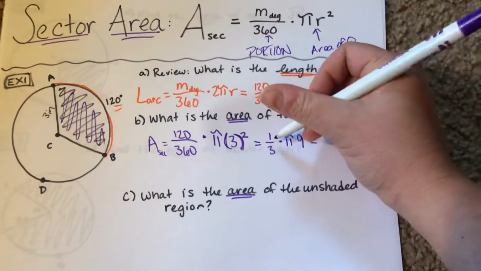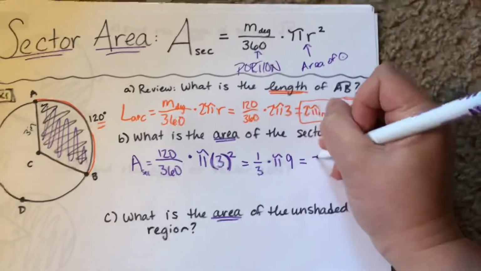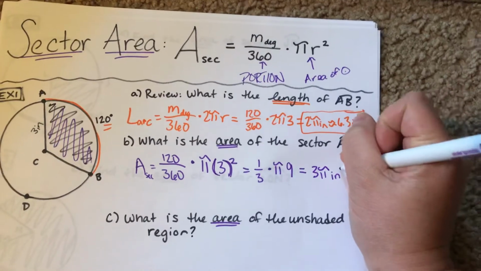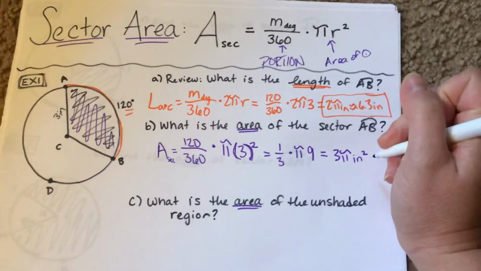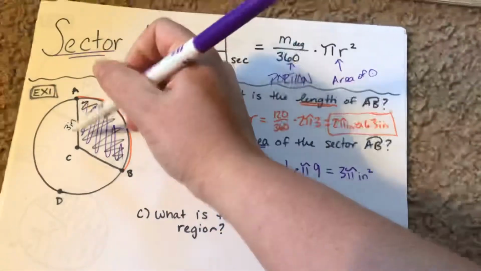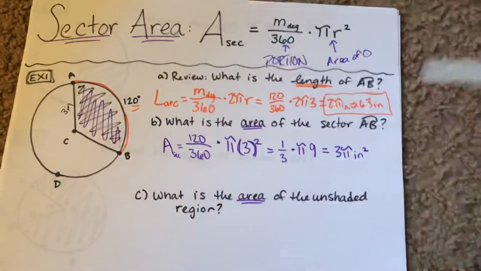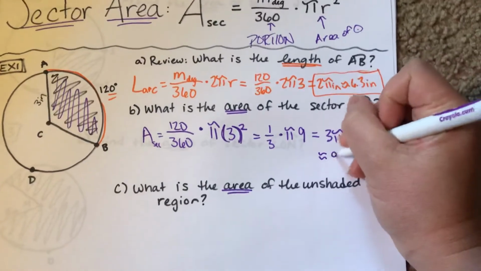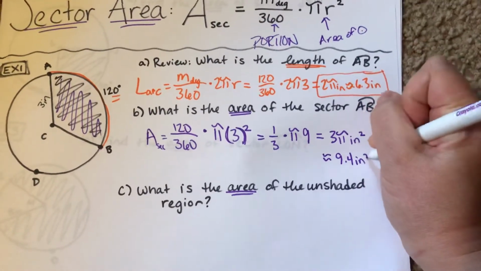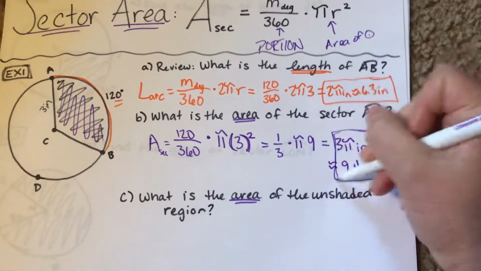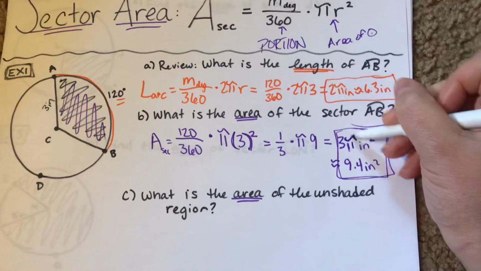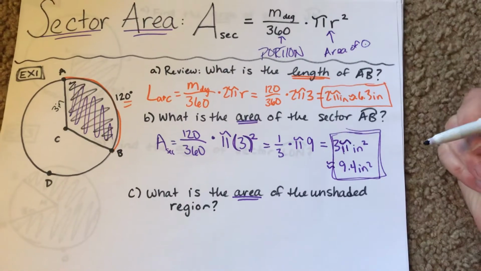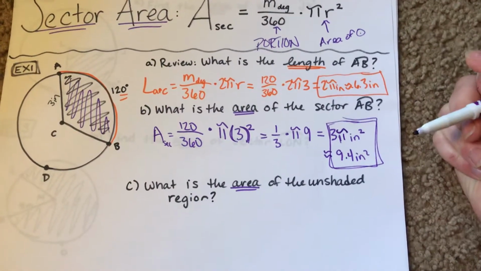So if I do a third of 9, or 9 divided by 3, you end up with 3 pi inches, and in this case we're talking about area, so it has to be units squared. It's two-dimensional when we have area. Notice we have a length and a width going on here, so that's two-dimensional, inches squared. Or if you want, I typed it in my calculator and got 9.4 inches squared. Either works, either in terms of pi, where pi is in the answer, or as a decimal, also fine. I usually round to the nearest tenth just for everyone's sake.